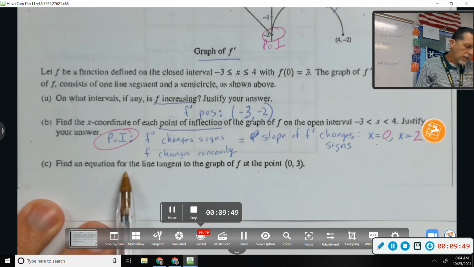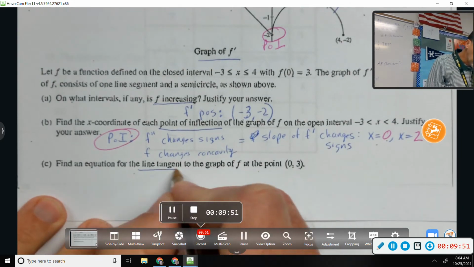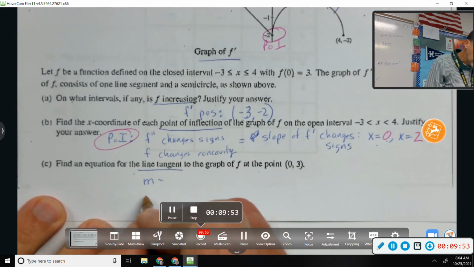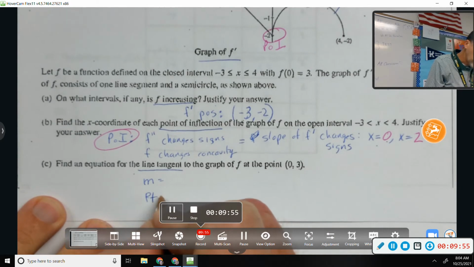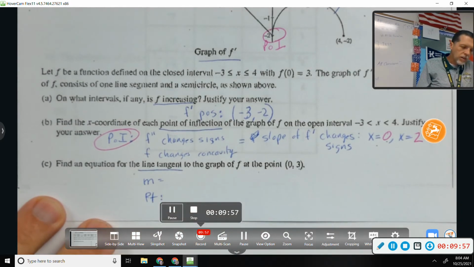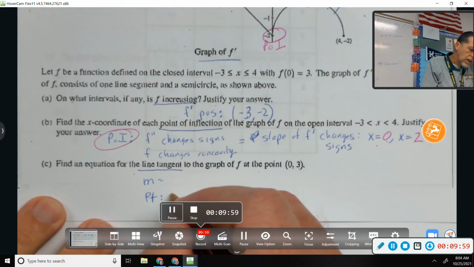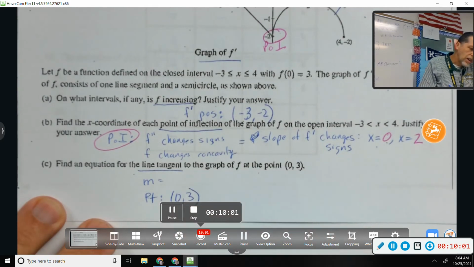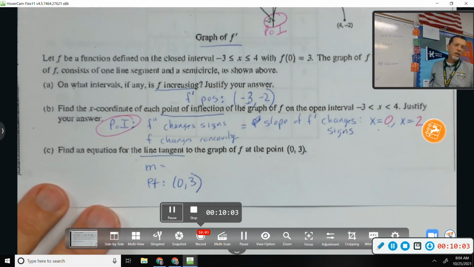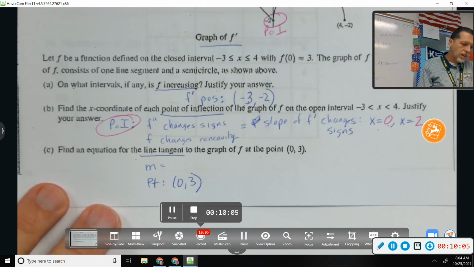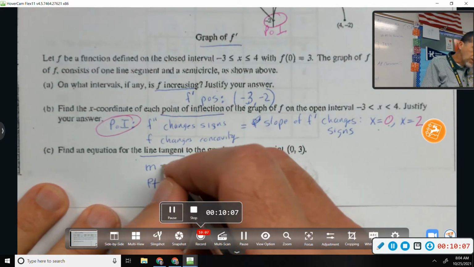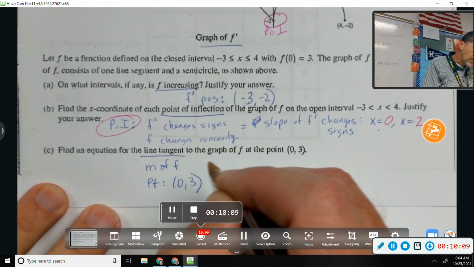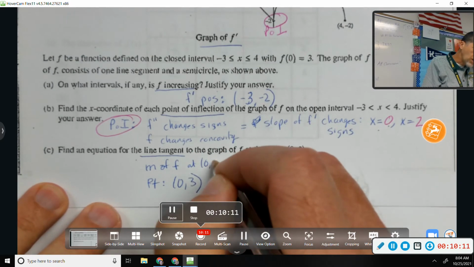Part C, find the equation of a tangent line to the graph at the point 0, 3. So I need slope and point. Well, it gave me the point 0, 3. What's the slope of f at 0, 3?